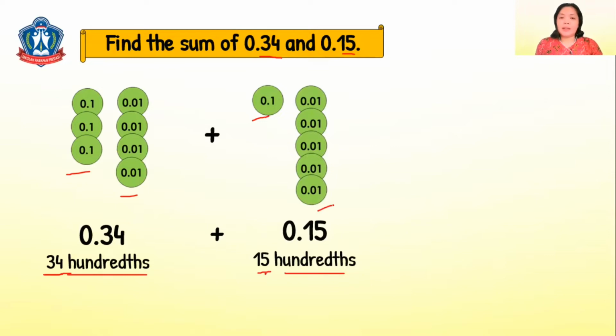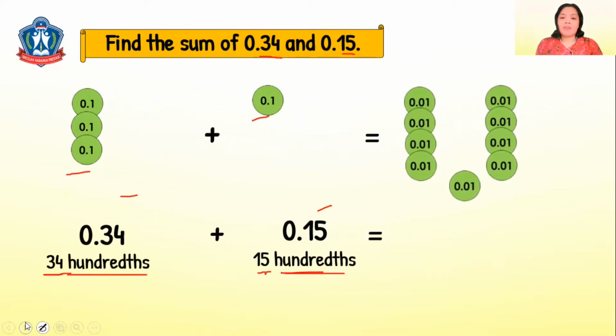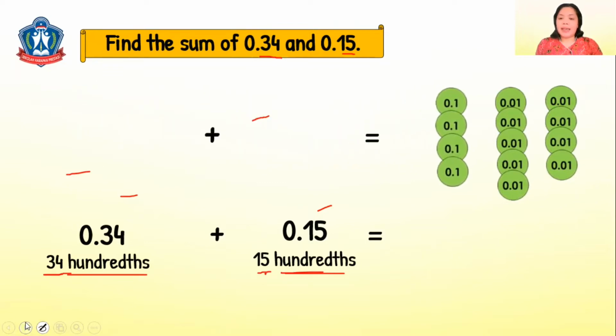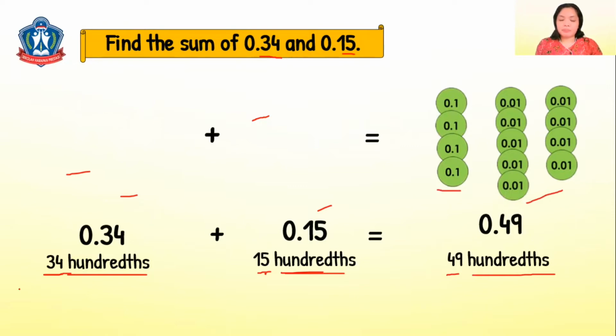When we add decimal numbers with two decimal places, we add first the hundredths. So we have 4 hundredths plus 5 hundredths, that is equal to 9 hundredths. Then plus the tenths, 3 tenths and 1 tenth, that is equal to 4 tenths. So we have 0.49 or 49 hundredths. 49 hundredths is 4 tenths and 9 hundredths.